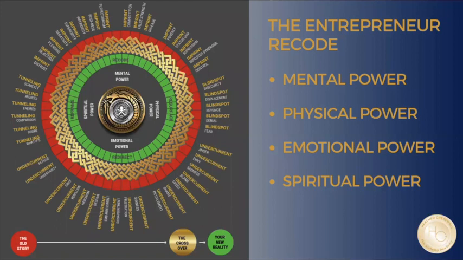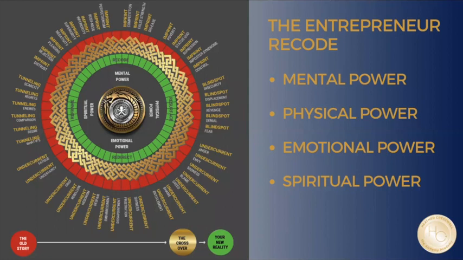And so we access this through our mental power, through a recode, or through reframing the events that have happened or are happening to us. We use our physical power and create enough energy to have the courage to look at these blind spots and shine the lights on them, because the minute we shine a light on a blind spot, it's no longer a blind spot.